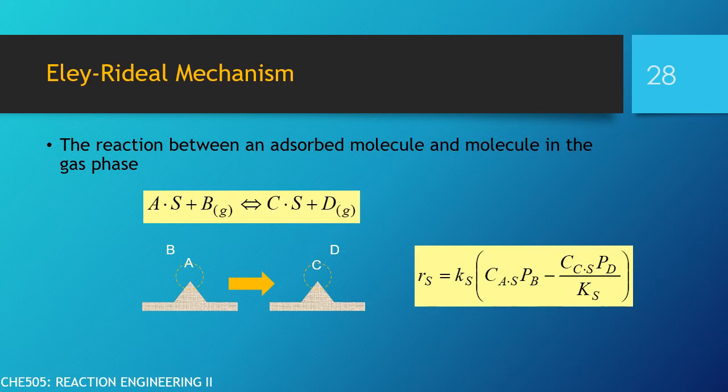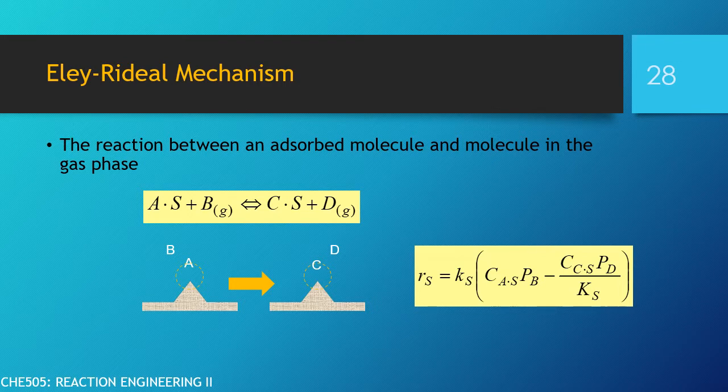You have two reactants, so A plus B will produce the product. That's the overall reaction. One of the reactants, which is A, will adsorb on the active site, but not B. So B is maintained as a gas.